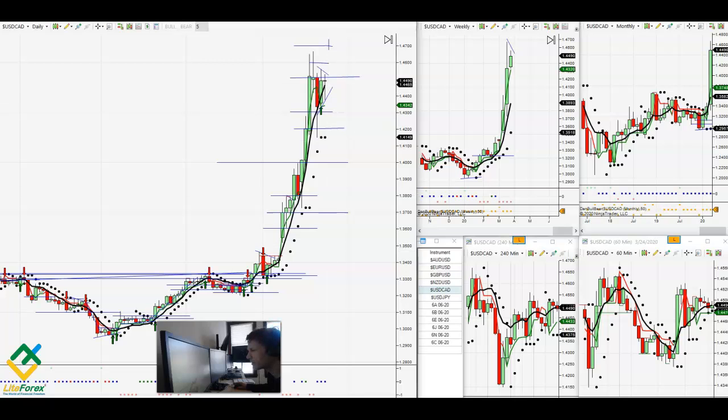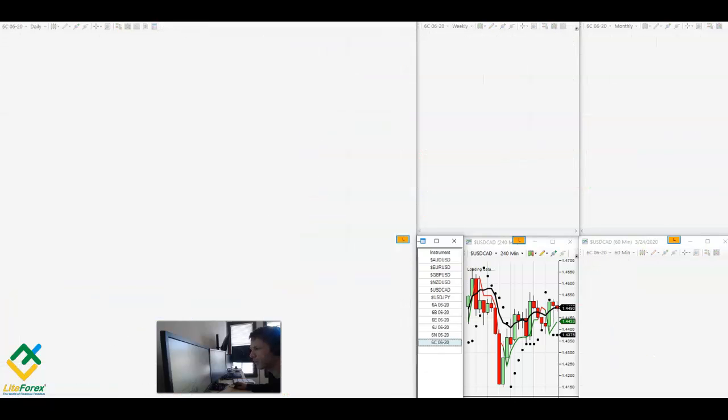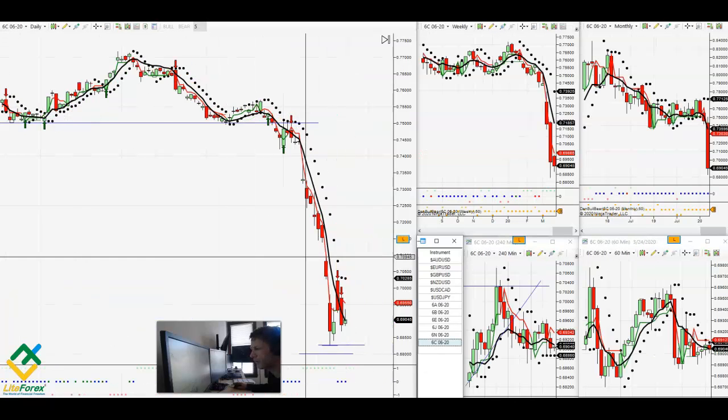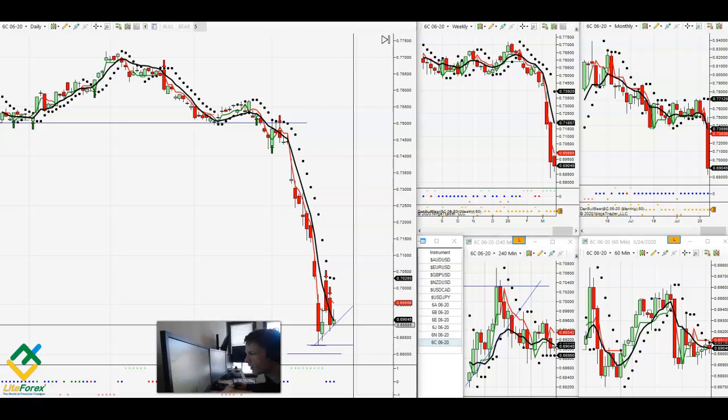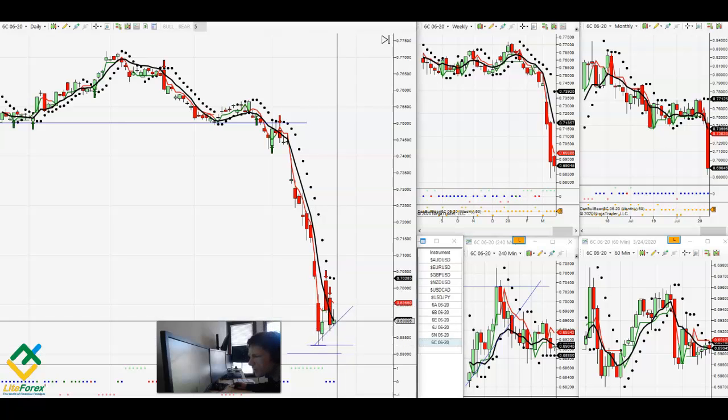The key, though, is the Canadian dollar is weak. So let's take a look at the Canadian dollar. Yeah, so you look at the Canadian dollar, it was looking very bearish yesterday, and it's setting up bearish today. Even though we are putting in higher lows, it's still setting up to trend lower for tomorrow.